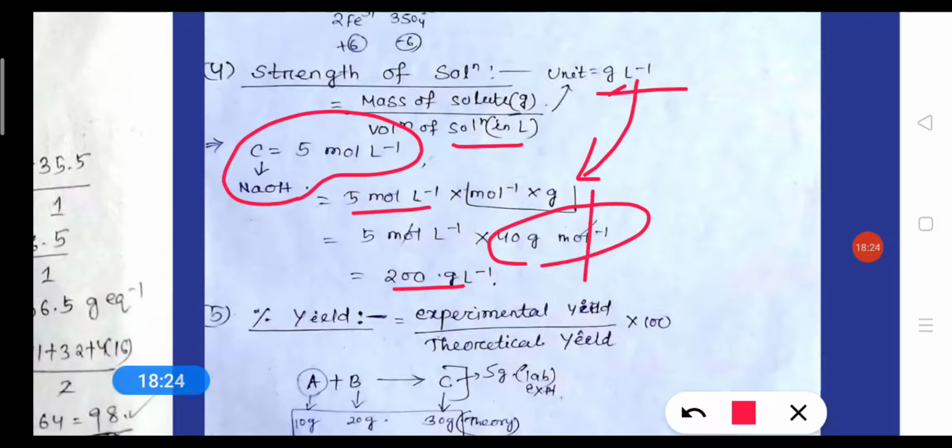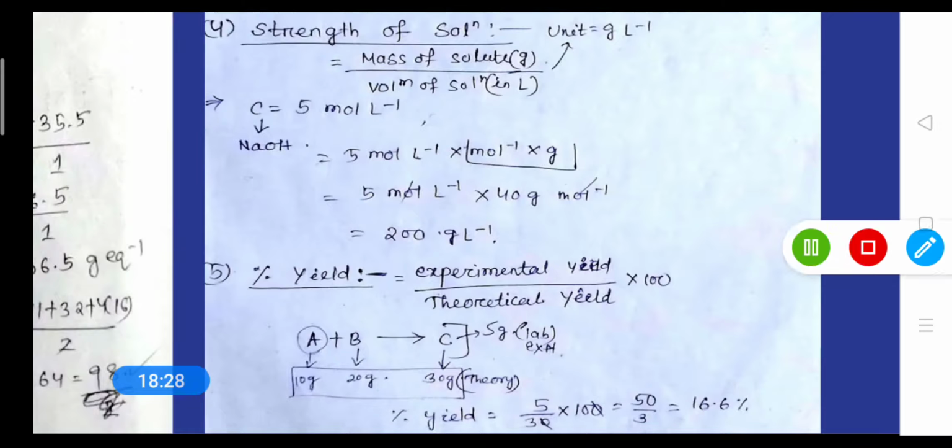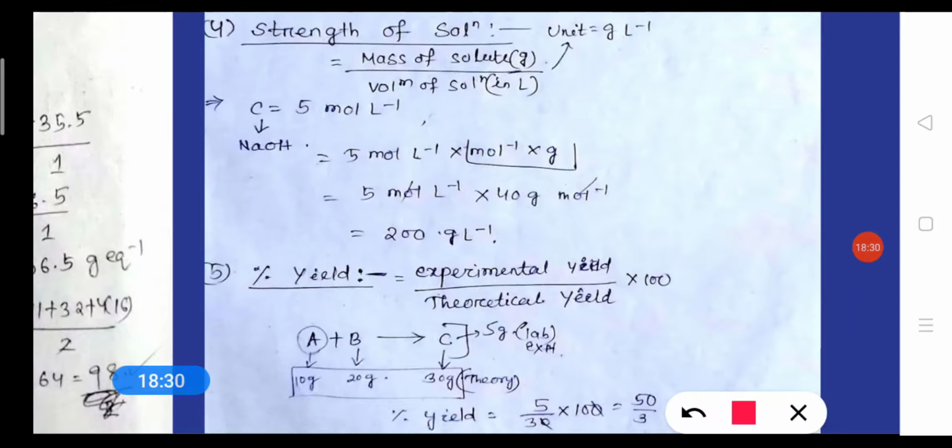Then what is percentage yield? Take an experiment, A plus B gives C. In this experiment the experimental yield of C is 5 gram. Experimentally in the laboratory we get 5 gram of product C, but theoretically 10 gram plus 20 gram will give 30 gram.